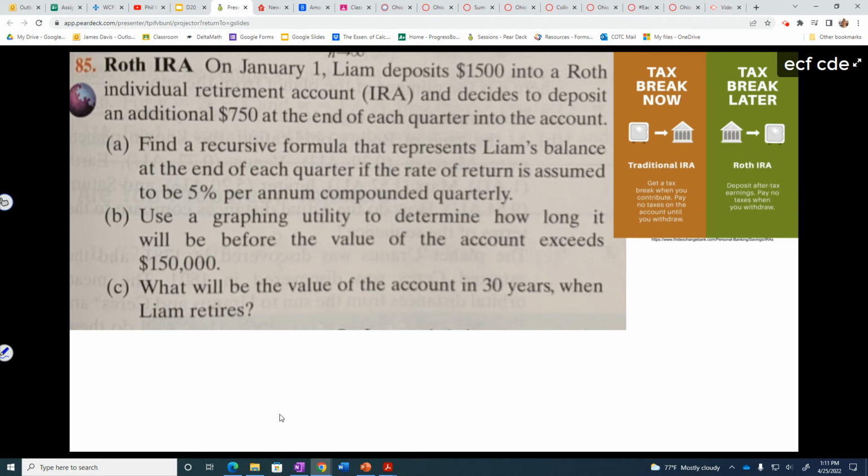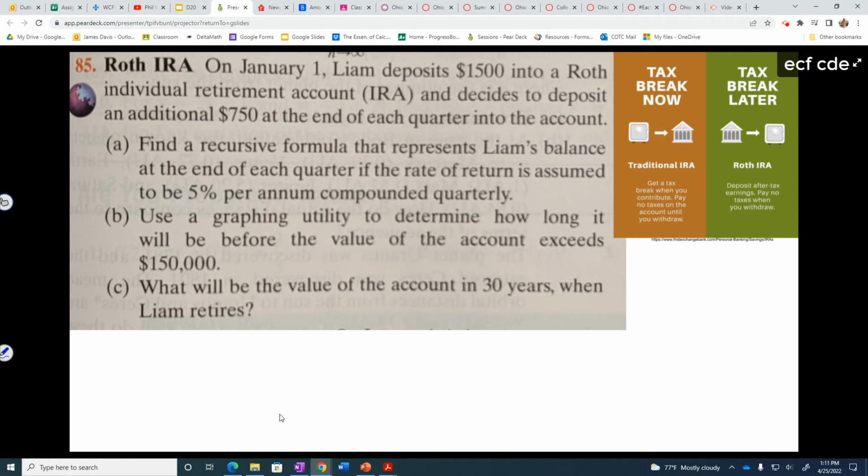But we're talking about a different IRA, which is the individual retirement account. There's two general types of IRA. You might have heard of this before. There's a traditional IRA and a Roth IRA. There's one major difference between them. A traditional IRA is where you get to take the money before you pay taxes and put it into an account.